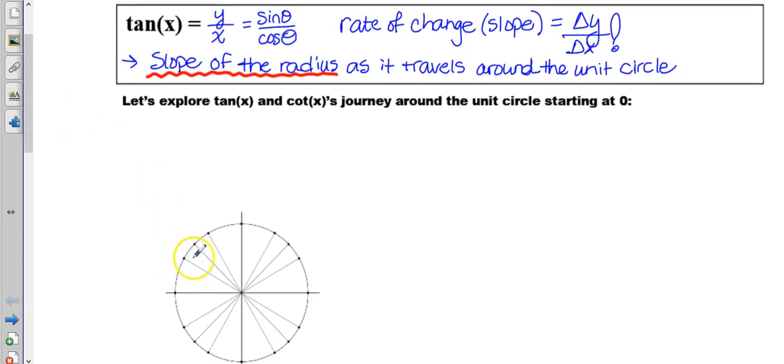So if I bring the unit circle here into view, you started first looking at a value of 0, and the ordered pair here was 1, 0.